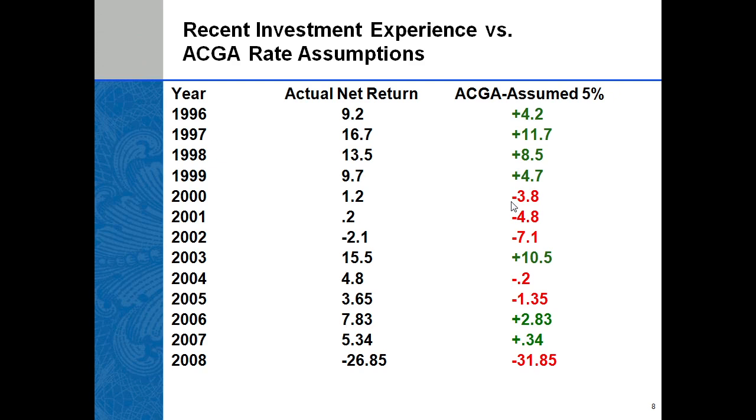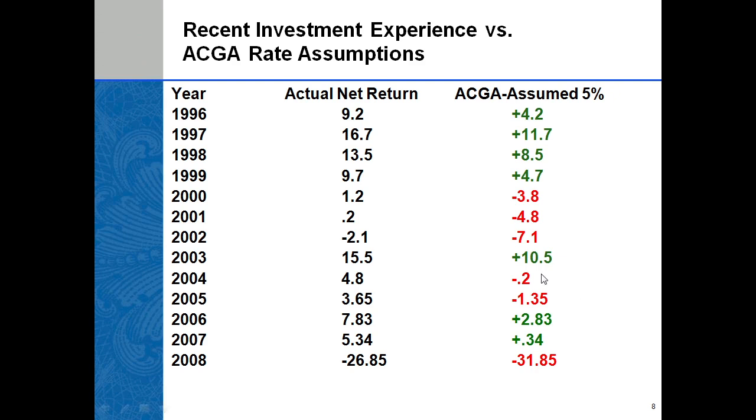This is using the same asset allocation as the ACGA had at that time for their methodology. So you got lots of red since 2000. We know that because we know what's happened in the market. But this just lets you see how far off the reality is versus what was projected or assumed, which is very natural, and what the impact of that is for gift annuities.